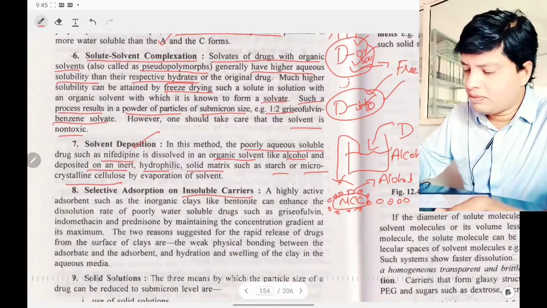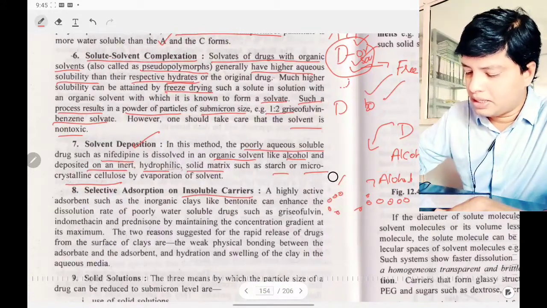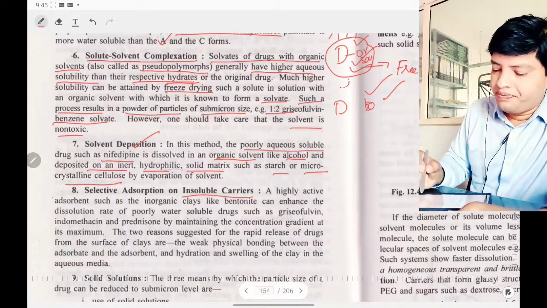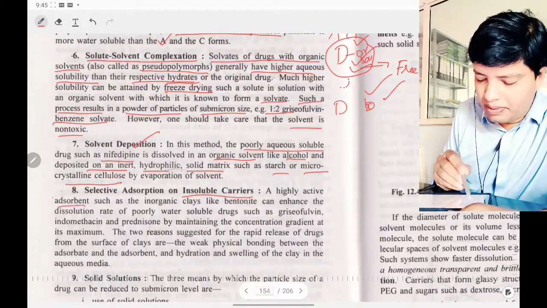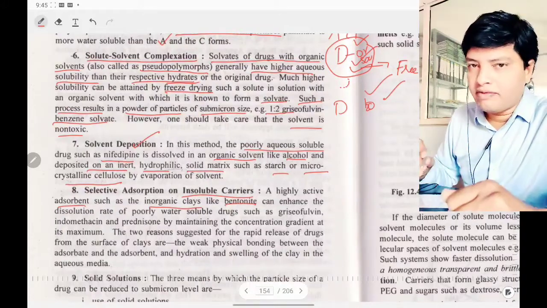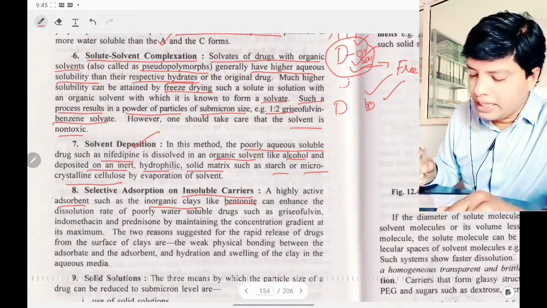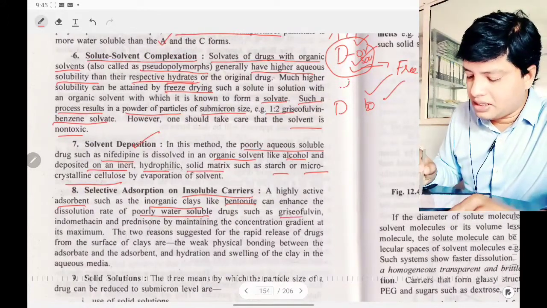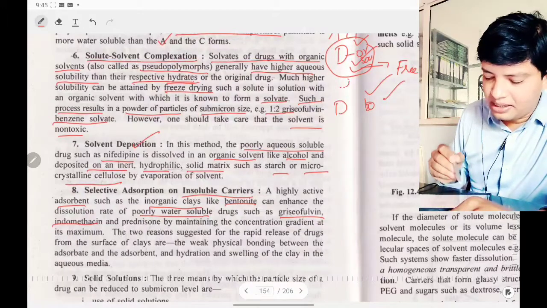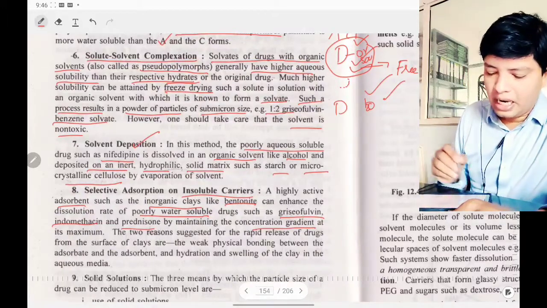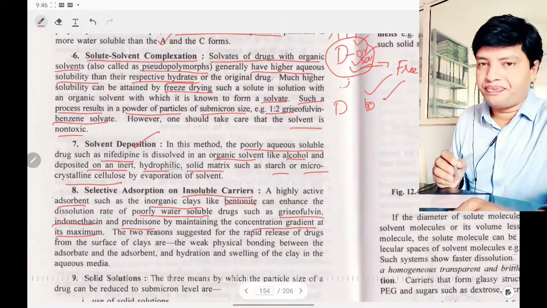So we will try to see what this method is saying. Selective adsorption on insoluble carriers. That is highly active adsorbents such as inorganic clays like bentonite. Bentonite, which acts as an adsorbent, can enhance the dissolution rate of poorly water soluble drugs such as griseofulvin, indomethacin and prednisone by maintaining the concentration gradient at its maximum.